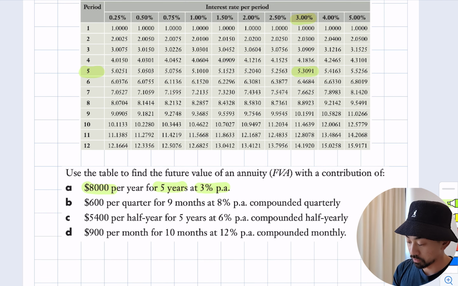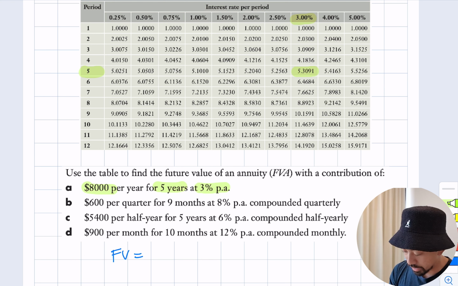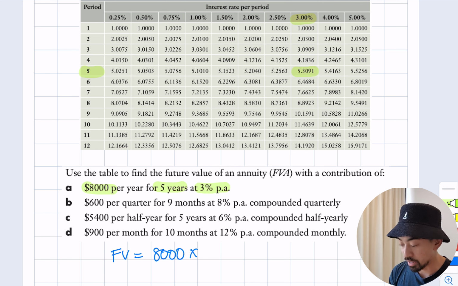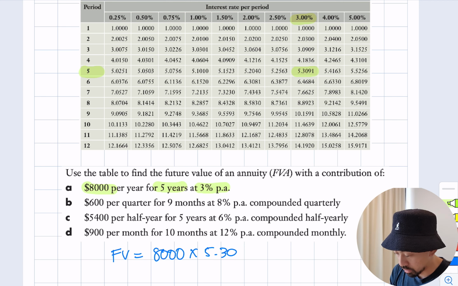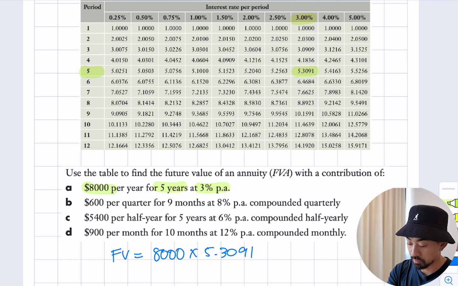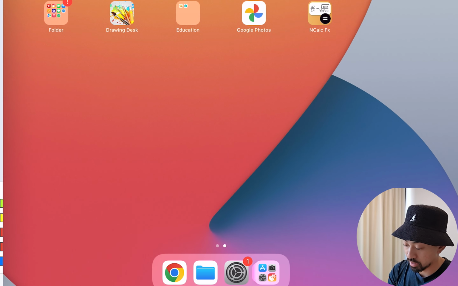And all I need to do is I say future value is equal to my contribution, which is $8,000, times this number from the table, which is 5.3091. Okay, so let's just do that now.